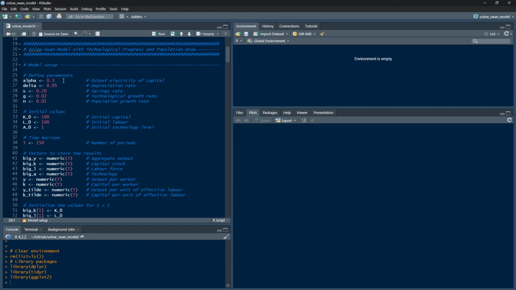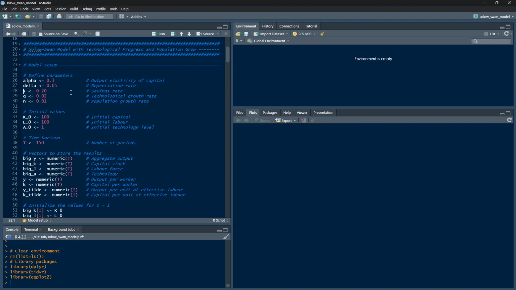Here, our alpha level, or the output elasticity of capital, is going to be about 30%. The delta, or the depreciation of capital, is going to be 5%. So that means our capital stock, which is existing already, is going to reduce in its value by 5% each period. The savings rate is 20%.